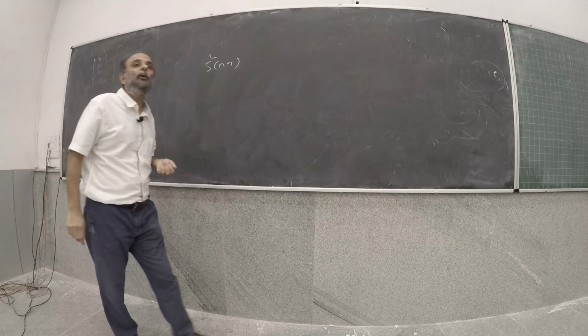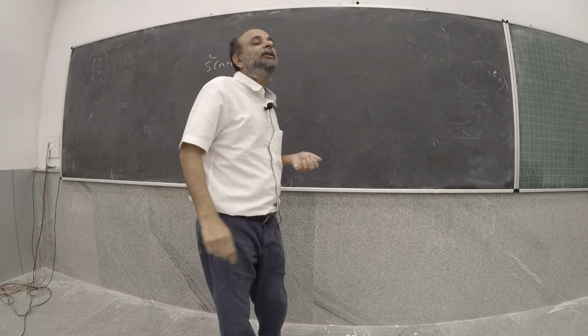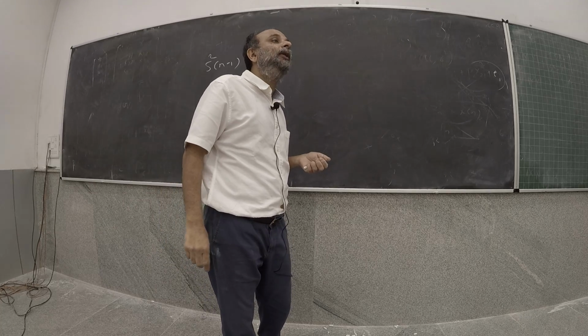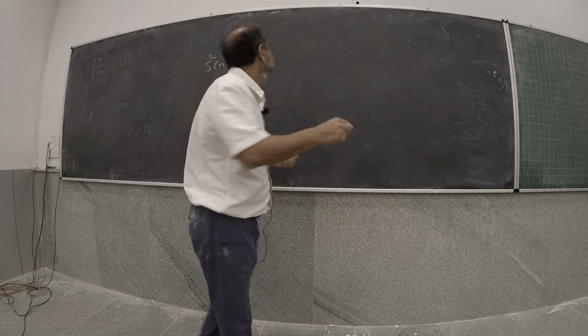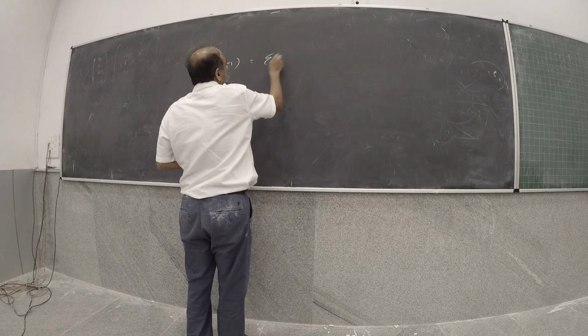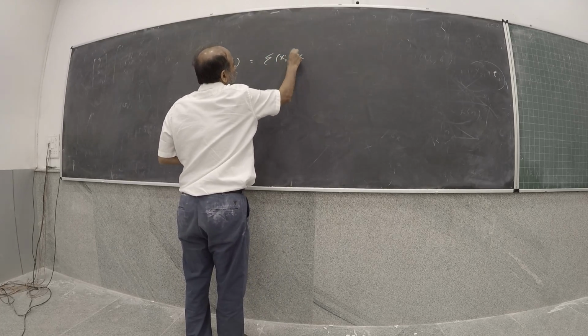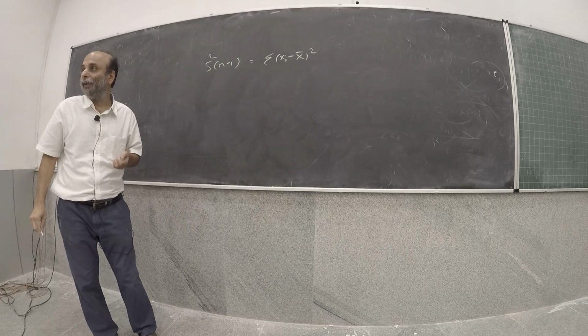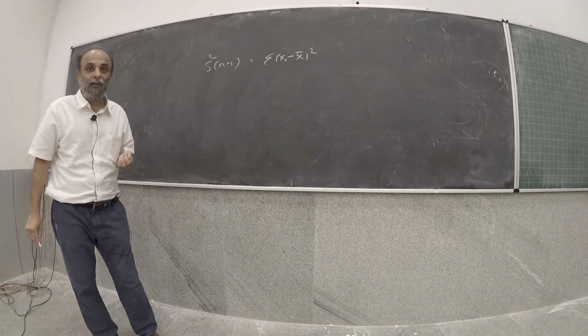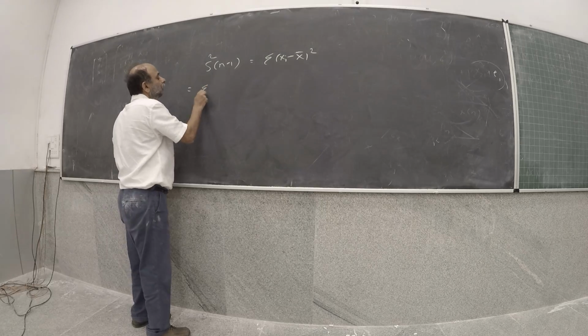What will be s square into n minus 1? Summation xi minus x bar square upon n minus 1 into n minus 1. Right? This will be summation xi minus x bar square.